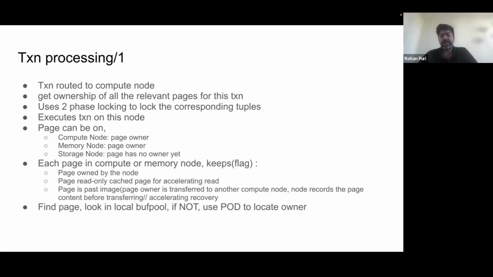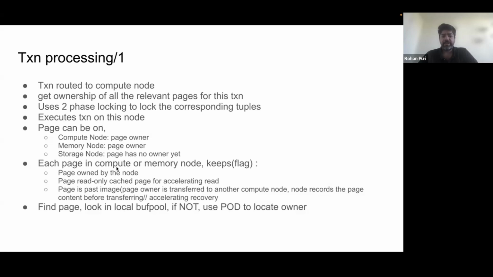Now the page can be on any of the nodes, and you have three types of nodes. If the page is on a compute node, then that compute node is the page owner. If the page is on a memory node, it also has a page owner. But if the page is on the storage node, it doesn't have an owner yet.